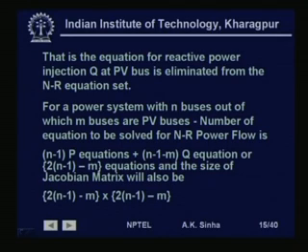Well, as we have seen, we need to write n minus 1 P equations, because for n minus 1 buses except for the slack bus, the real power injection at all other buses is specified, and we need to write n minus 1 minus m Q equations, because we have n minus 1 buses for which we can write the Q equations, but for m of these n minus 1 buses, the Q values are not specified, rather the voltage magnitude is known. So, we have n minus 1 minus m Q equations only.